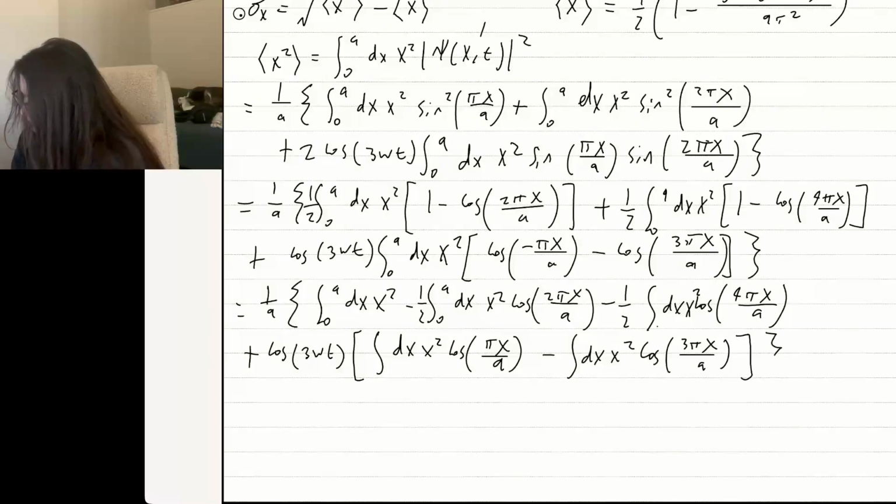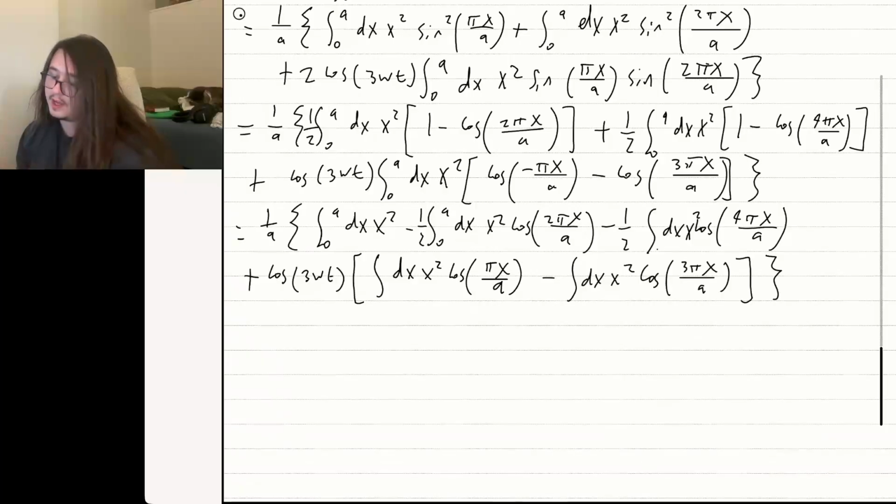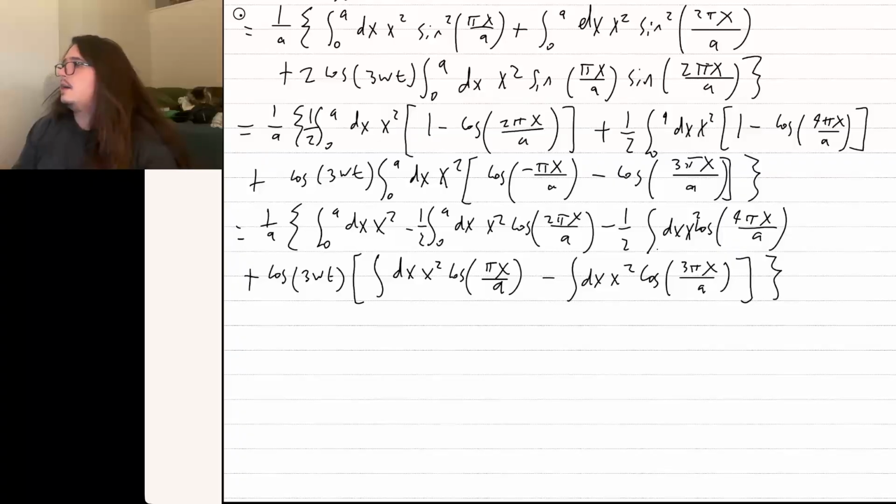Close big bracket, close square bracket. So there's really just two kinds of integrals here. There's the integral of x squared, which is incredibly easy, and then there's the integral of the x squared cosine stuff.